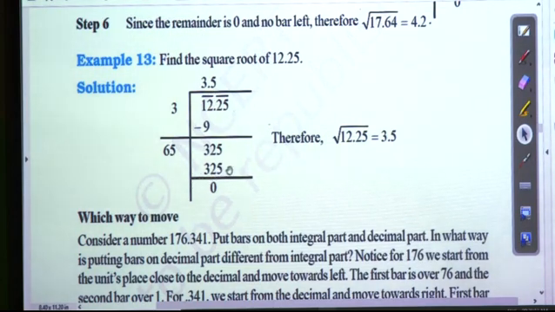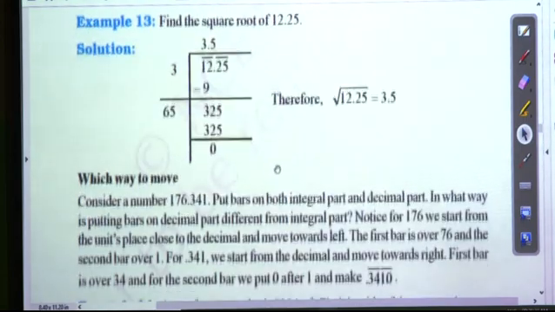So what happens? 65 we are writing here, and we are writing in the quotient also after the decimal point. So 65 5s is 325, and the remainder becomes 0. So what is the answer? Therefore, square root of 12.25 is equal to 3.5. In the quotient it is 3.5.